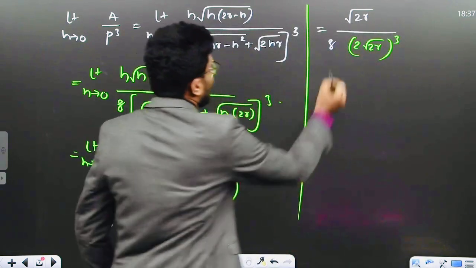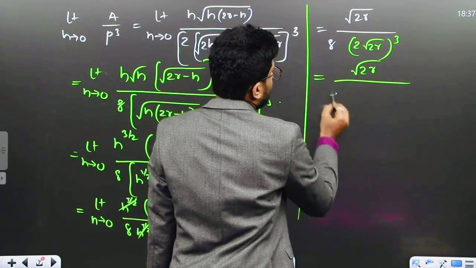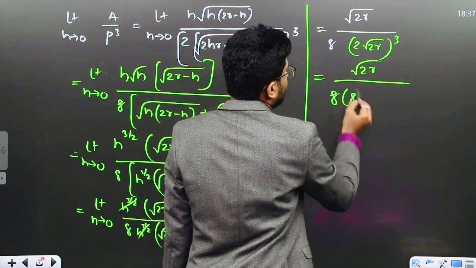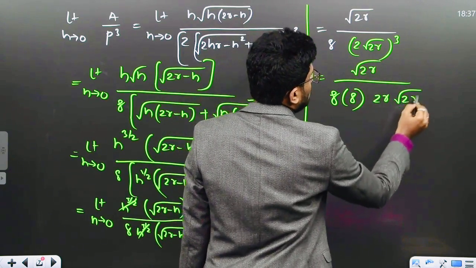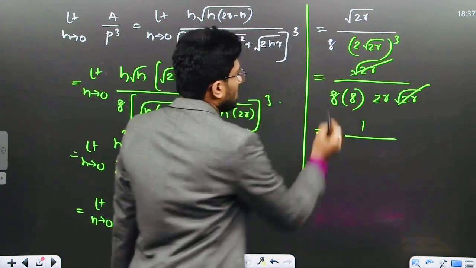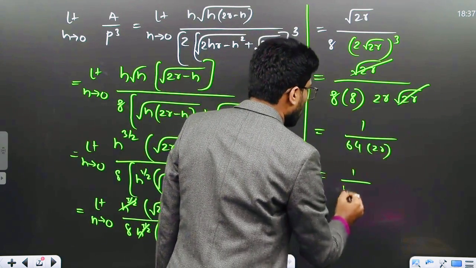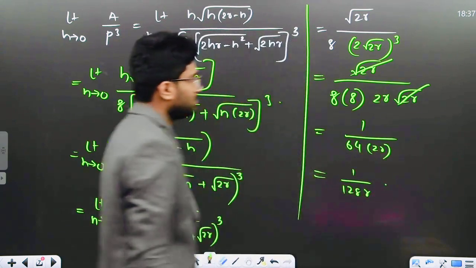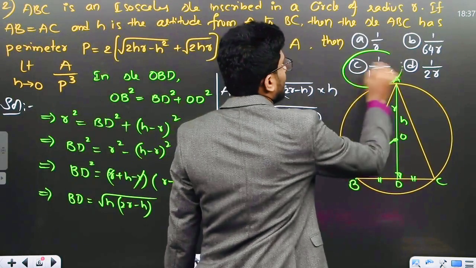Now that becomes 2r divided by 8 times 2 cube, which is again 8, into root 2r whole cube, which will be 2r times root 2r. So root 2r gets cancelled. Finally this will be 8 8s are 64 times 2r, which equals 1 by 128 times r. Clearly, option C is our correct answer.